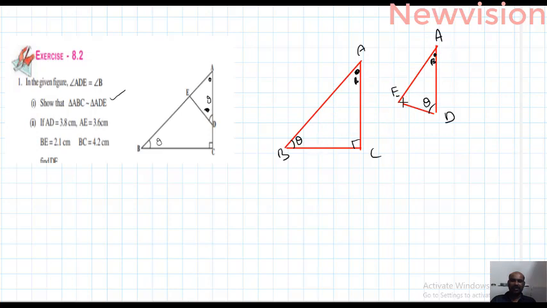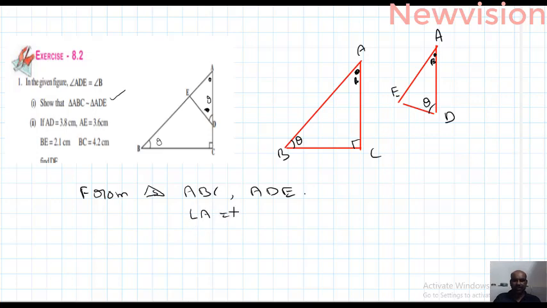Beta, theta, these two triangles are similar by AA similarity. So I will write from triangles, which triangles you need to write in order: triangle ABC, comma, triangle ADE. Now I want to compare here angle A and angle A are the same.